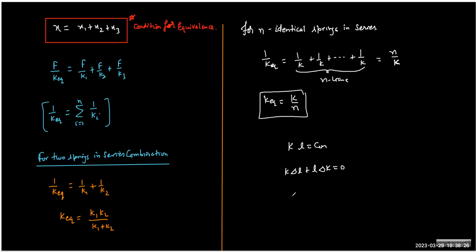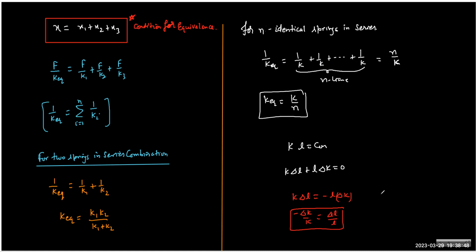So we can write K delta L is minus L delta K. Basically, the incremental effect on the length will have a decremental effect on the K. That's the whole idea actually.